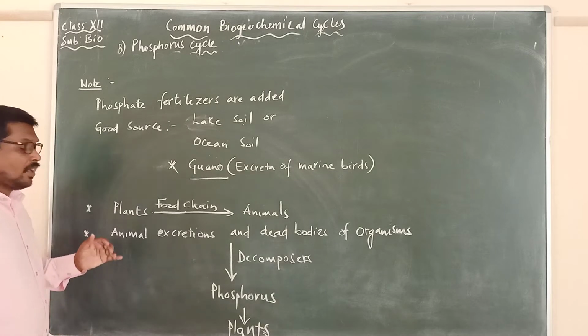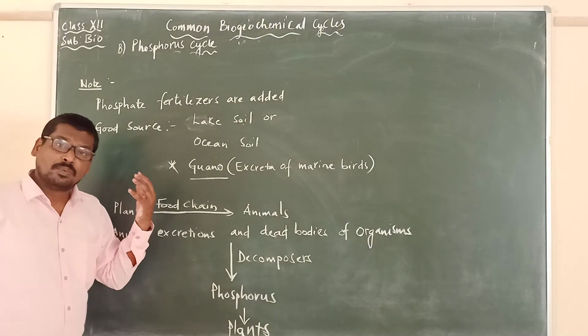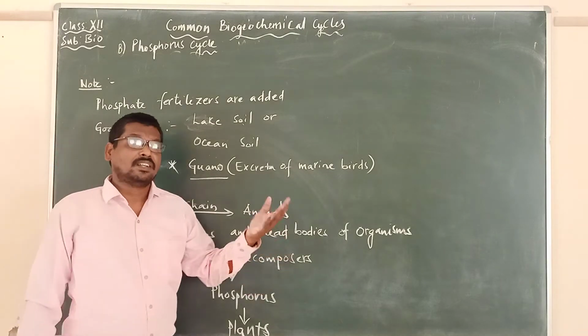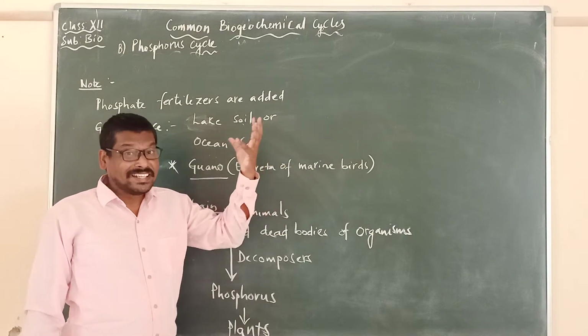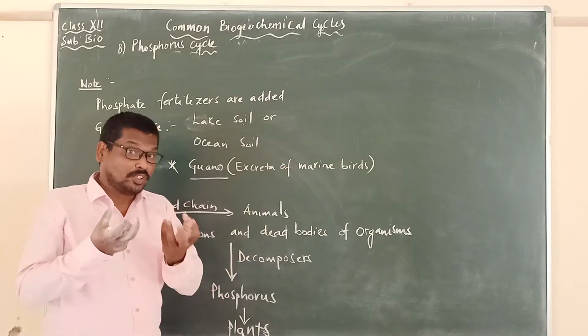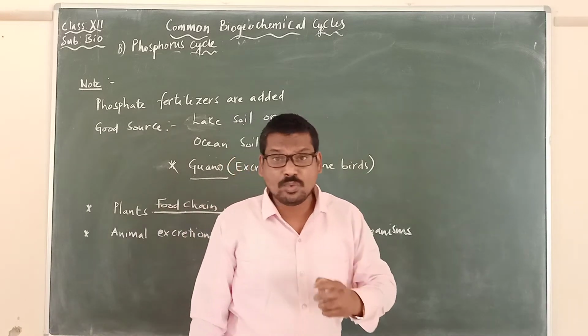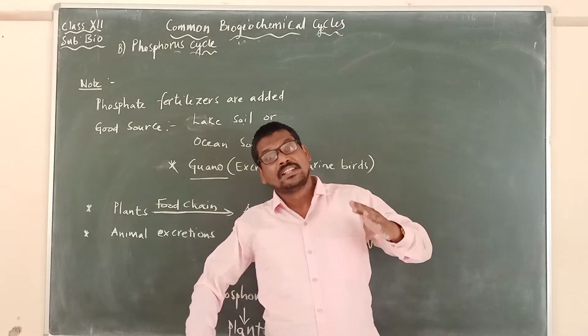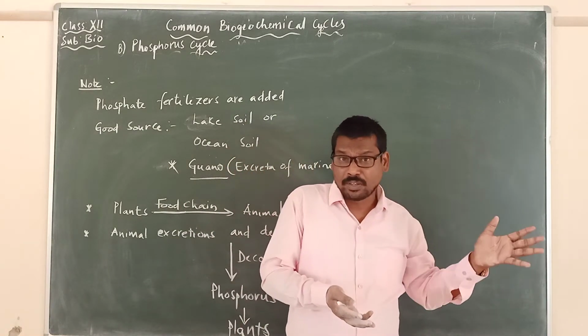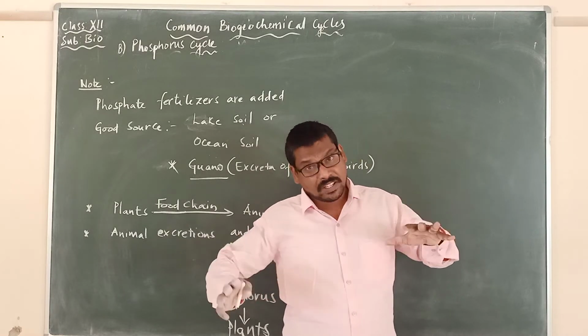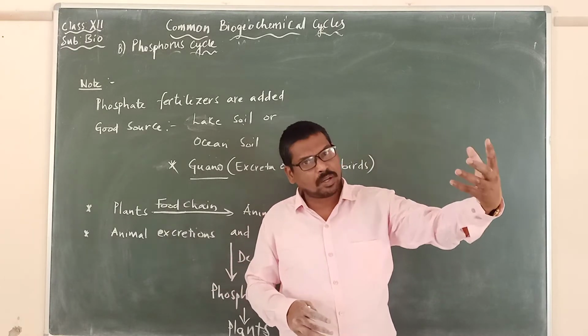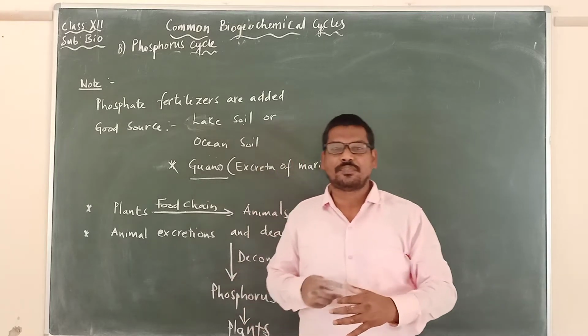Now, as we already said, insoluble phosphate cannot be used by the plants. So that's why there are some chemicals released by the microbes and the plants which act upon the insoluble phosphate and convert it into dissolved phosphate.